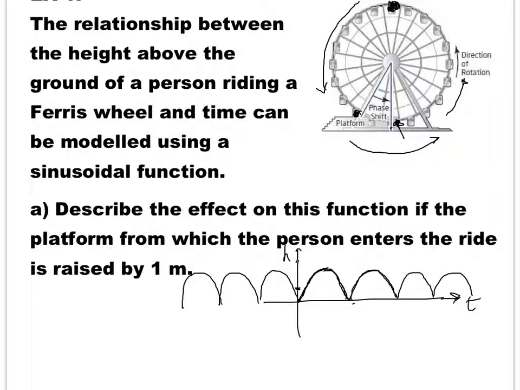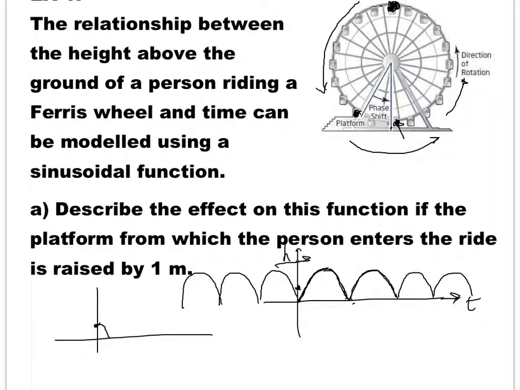Now, if we want the height to be something other than 0 at time 0, then it means that the graph is going to be shifted right. So this point is going to be the beginning. So we are going to have a graph like this one. This is when he enters the Ferris wheel.